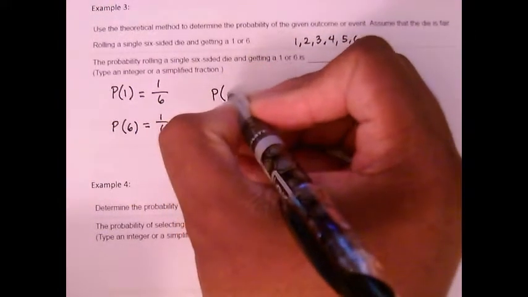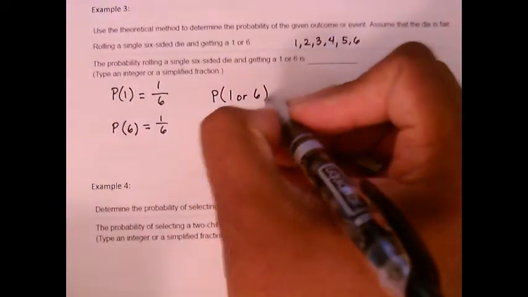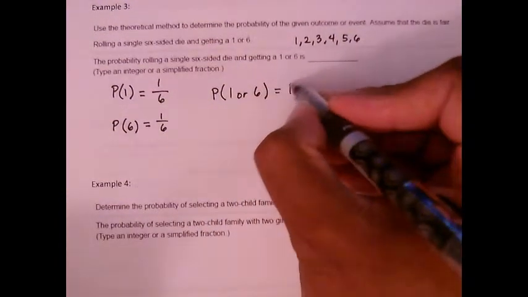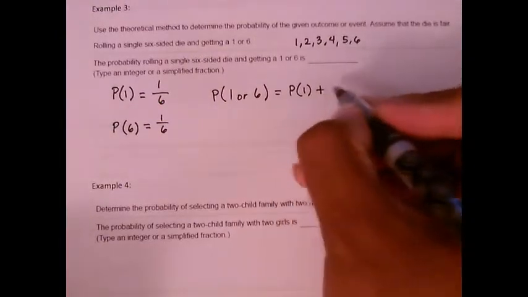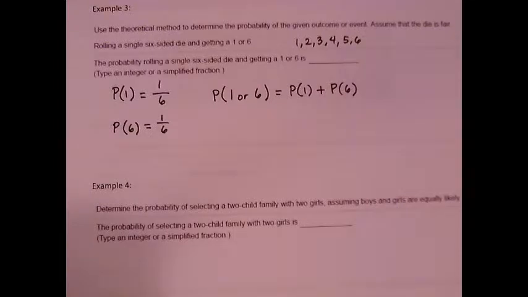Okay, and now let's find the probability of getting a 1 or a 6. What I'll do here is add these two probabilities together. The probability of getting a 1 plus the probability of getting a 6.